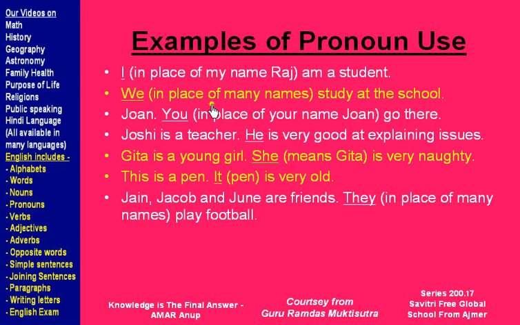So in place of many names, my name, my friend's name, name of everybody in my class and school, I use a word called we, which replaces all these names. So we is a pronoun that is replacing all names.